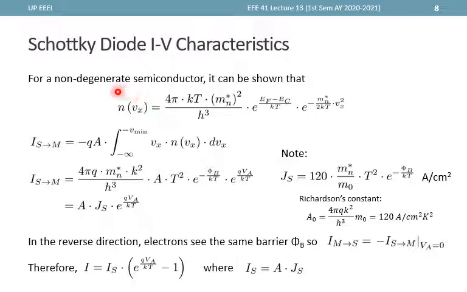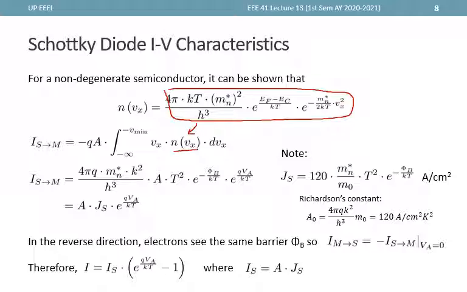And so again, we have to integrate this equation right here from this negative infinity velocity to minus V min. And so we'll have to plug in this one as this function and proceed with the integral.